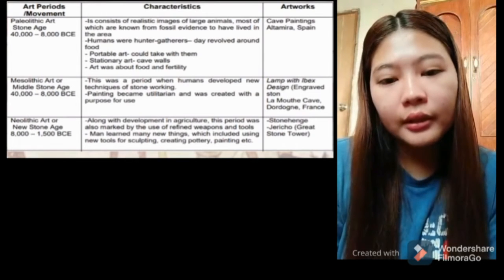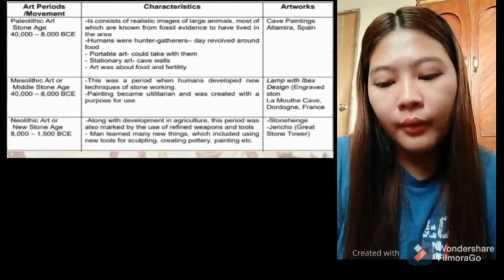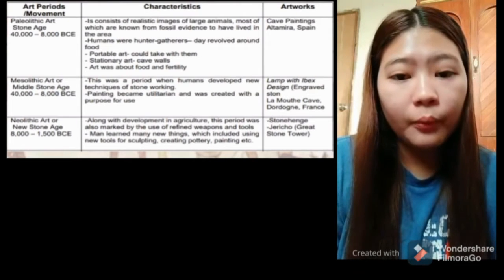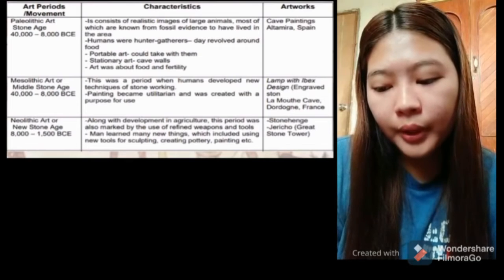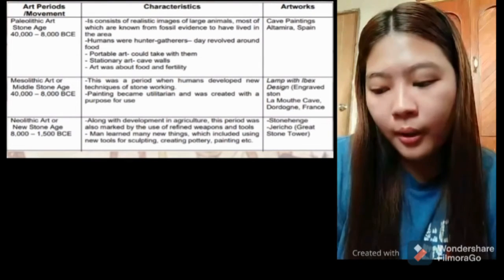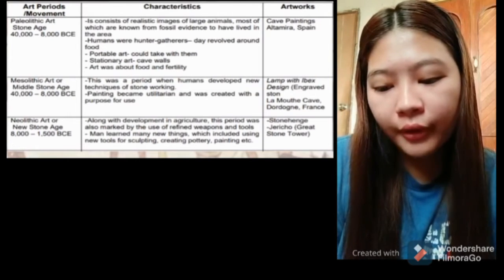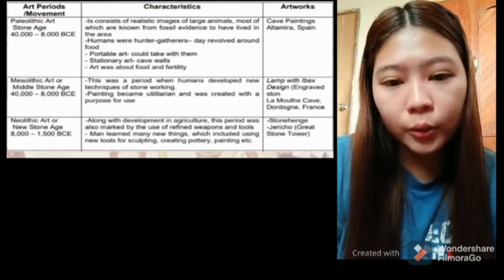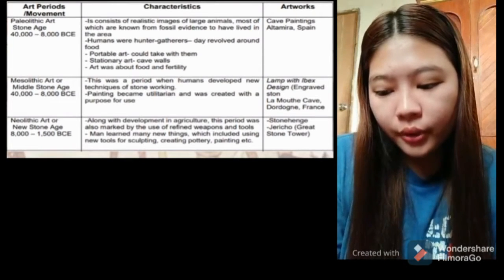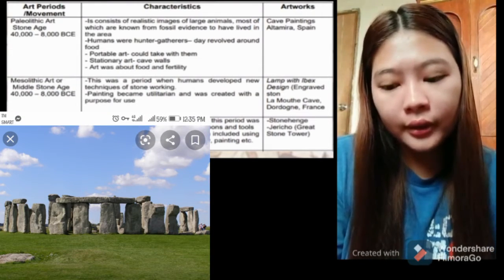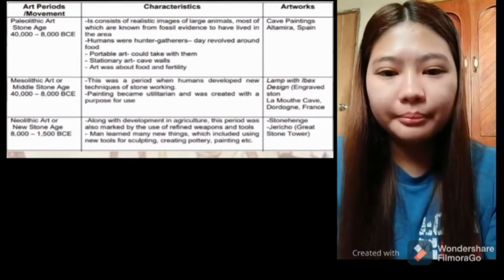And the last is Neolithic art or New Stone Age, 8,000 to 1,500 BCE. Along with developments in agriculture, this period was also marked by the use of refined weapons and tools. An example of Neolithic art is Stonehenge in England, created between 2000 to 3000 BC.